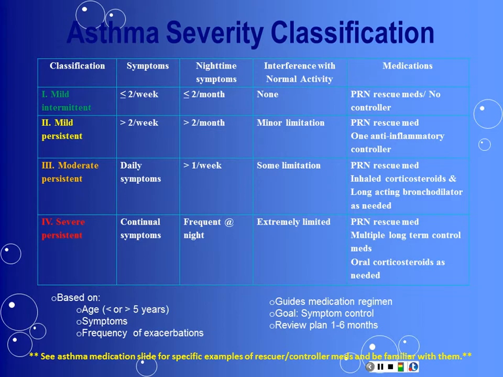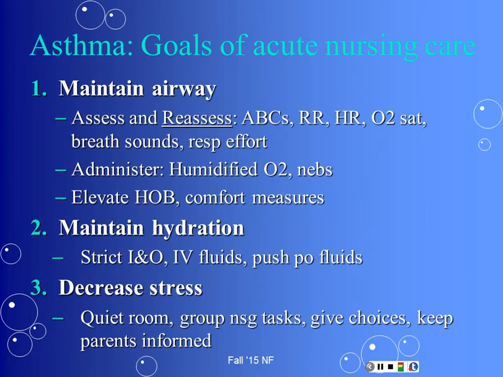So they're going to review this plan depending on how many exacerbations they have, more frequently versus less, but about every 1 to 6 months, and the goal is symptom control. You want to reduce the frequency of exacerbations. So this is going to guide as we talk about their asthma action plan and things like that. So they're going to have it on file at home, they're going to have it on file at school, and those types of things.